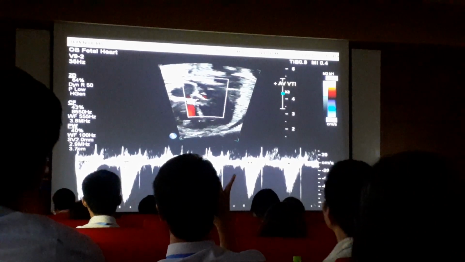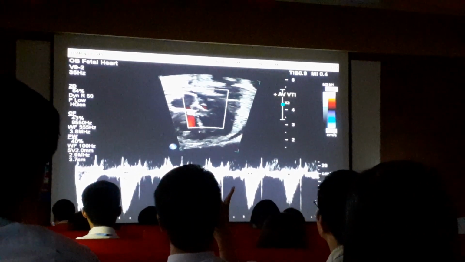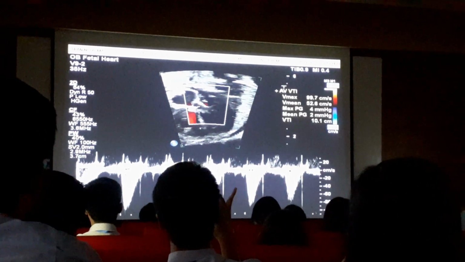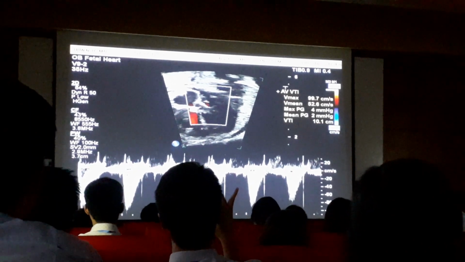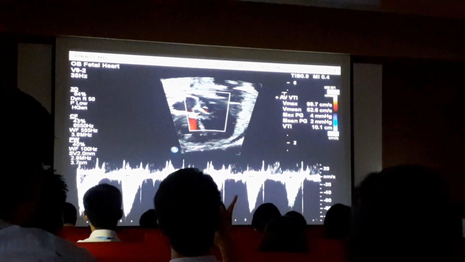So if we multiply the velocity time integral and the heart rate by the cross-sectional area of the vessel, that will give us the output from that ventricle.